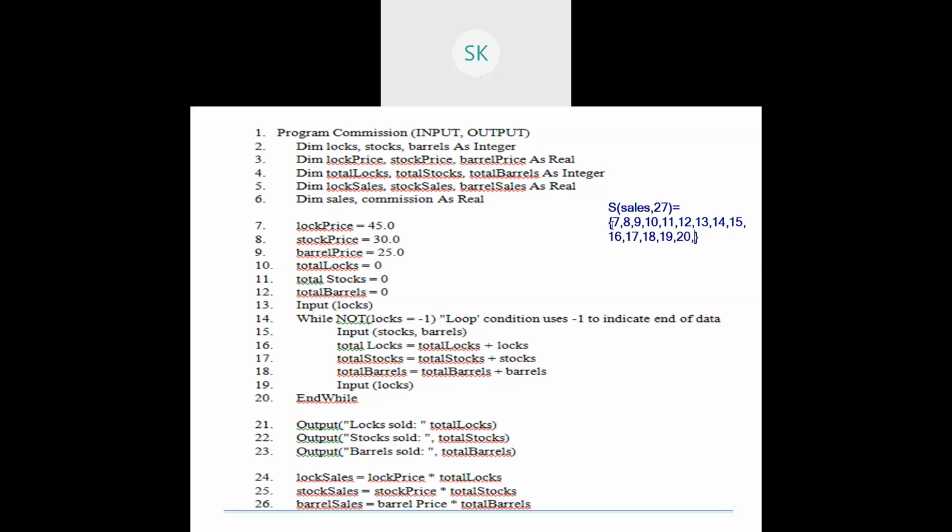I can skip these three, 21, 22, 23. You can go with 24, followed by 25, followed by 26, followed by 27. These are all the nodes that are getting involved in order to calculate the sales. So all these particular nodes need to be written.